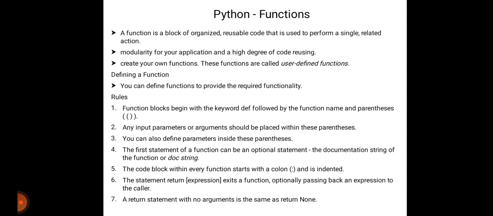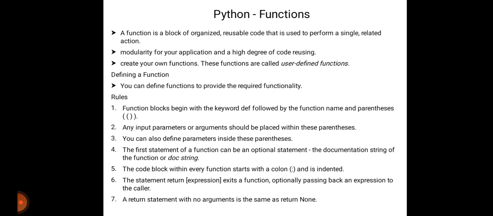Then, the code block within every function starts with a colon and is indented. The statement return expression exits a function, optionally passing back an expression to the caller. A return statement with no argument is the same as return None.